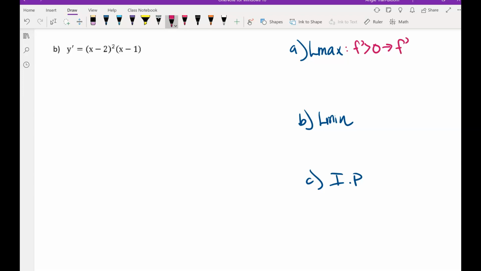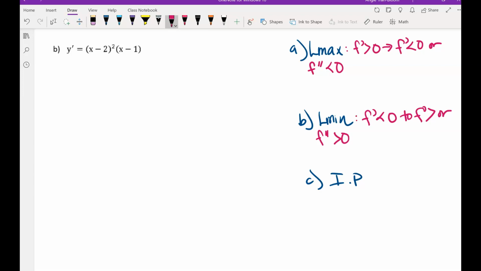So at local max is when you have the first derivative going from positive to negative, or when you plug in your second derivative and it's negative. Same thing with local min, when we have the first derivative going from negative to positive, or when the second derivative is positive.